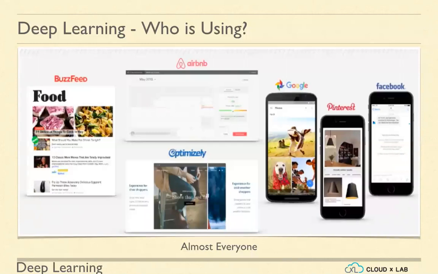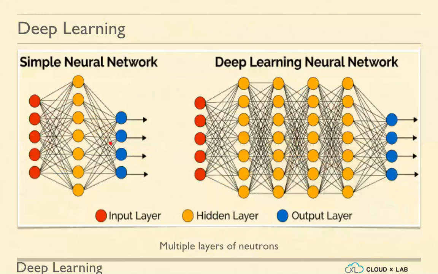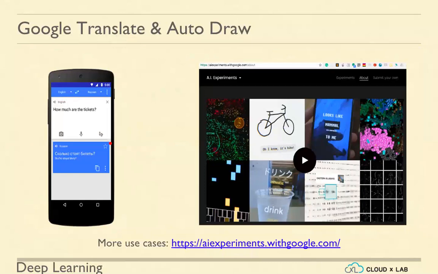All of that is done using deep learning, the kind of model that we talked about. Similarly, Optimizely or Google or Pinterest or Facebook. These are various companies that are using it. And you can take a look at systems like Google Translate, AutoDraw, and so on. All of those are based on deep learning.